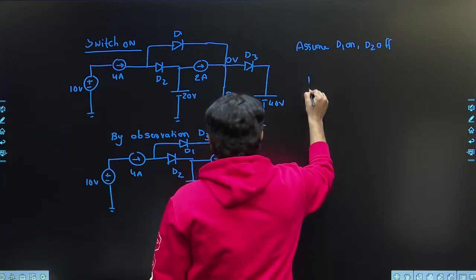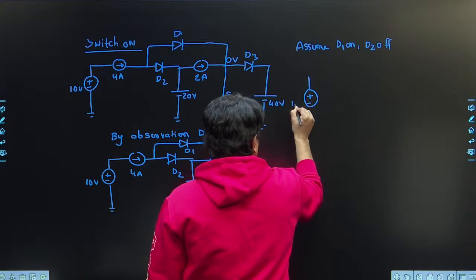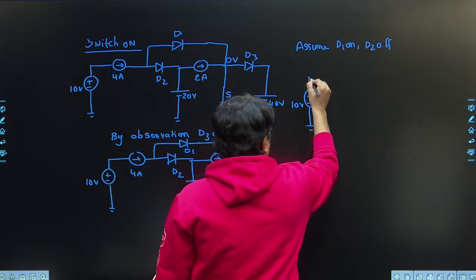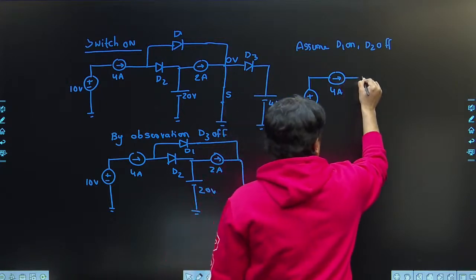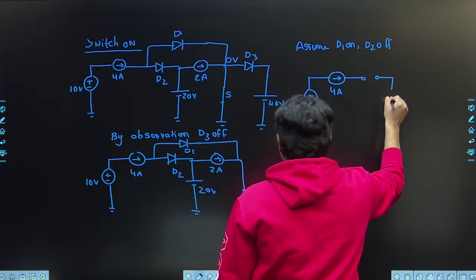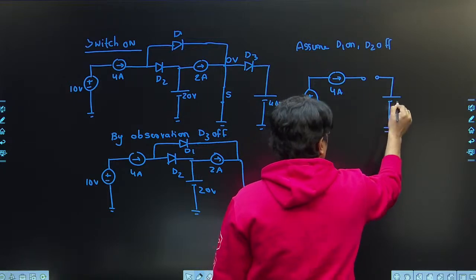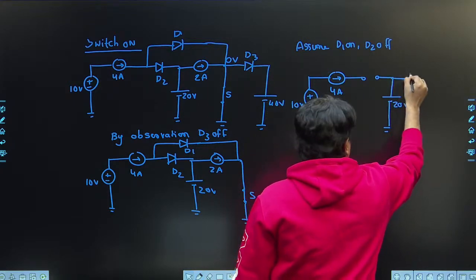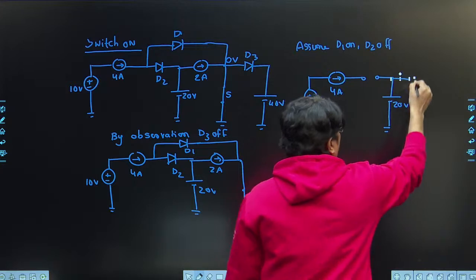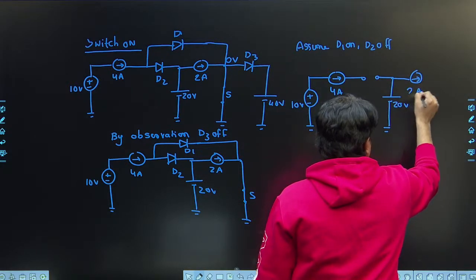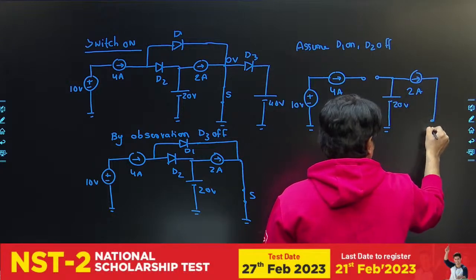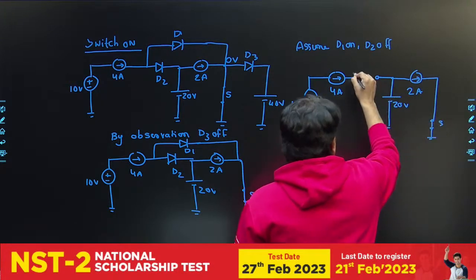The circuit looks like this. Plus 10 volts, we have a current of 4 amperes. Next D2 is open, with a battery of 20 volts. Next we have a current of 2 amperes with a short, the switch is short, and we have a diode here.